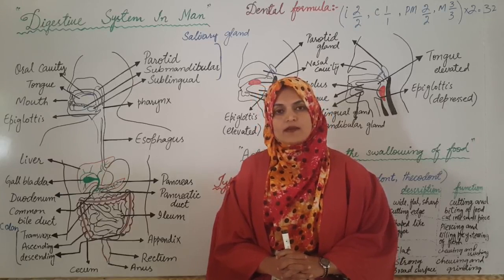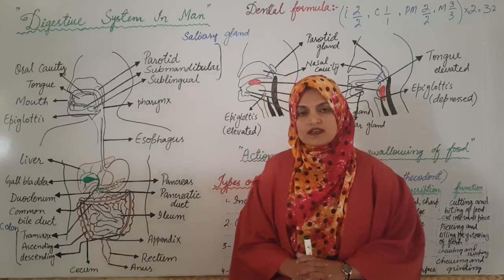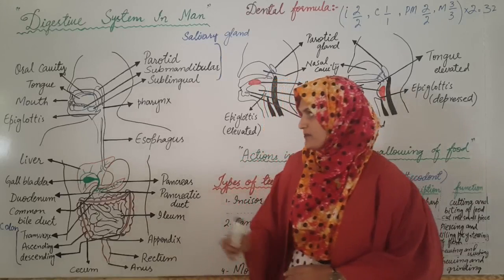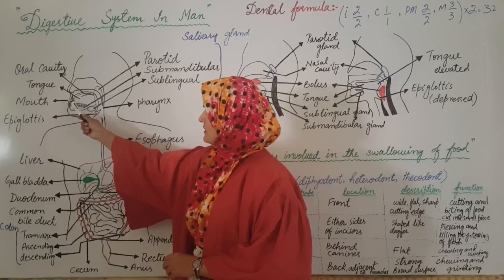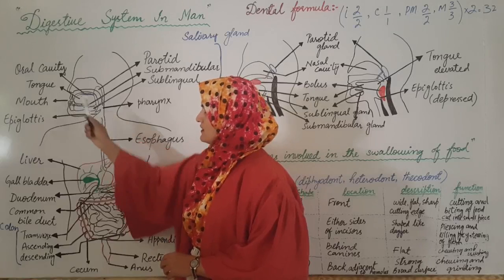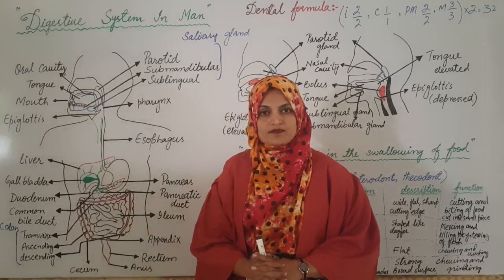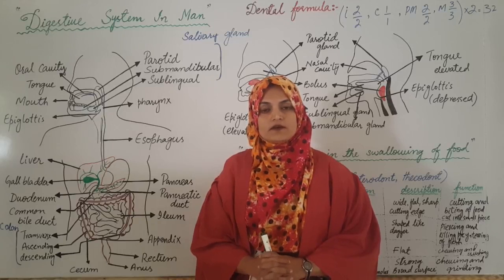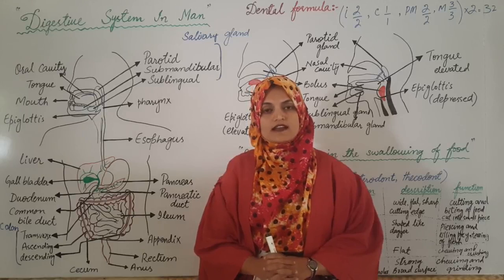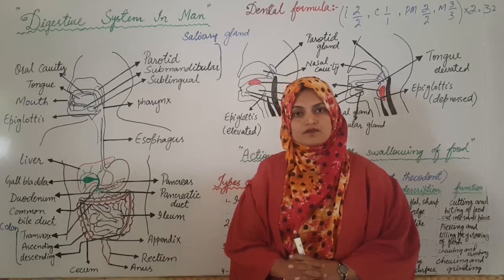The first step is the entrance of food, which is termed ingestion. Ingestion takes place through the mouth, which is an opening surrounded by fleshy structures termed lips. Lips not only cover the mouth but also help to keep the food inside the oral cavity.